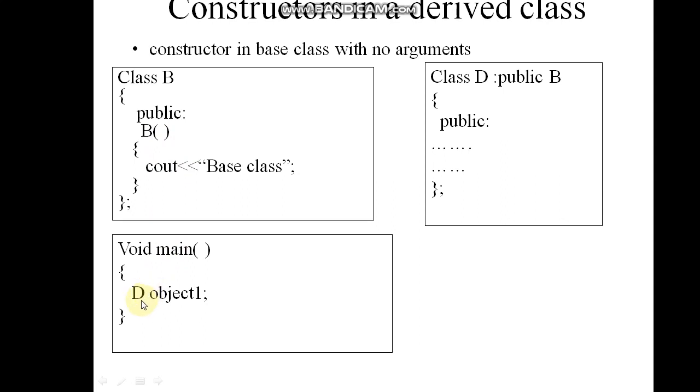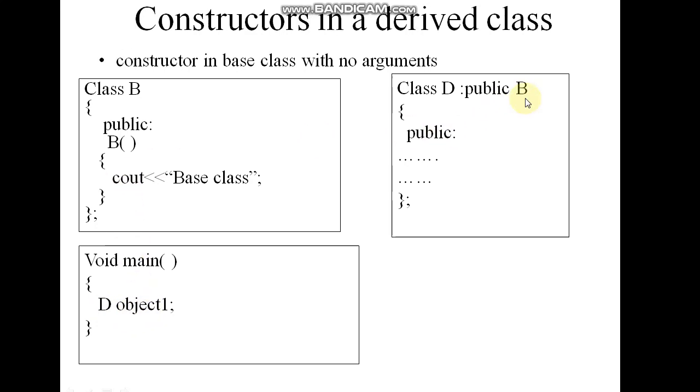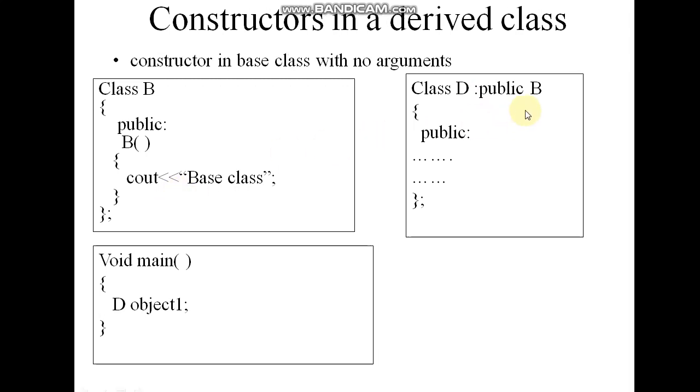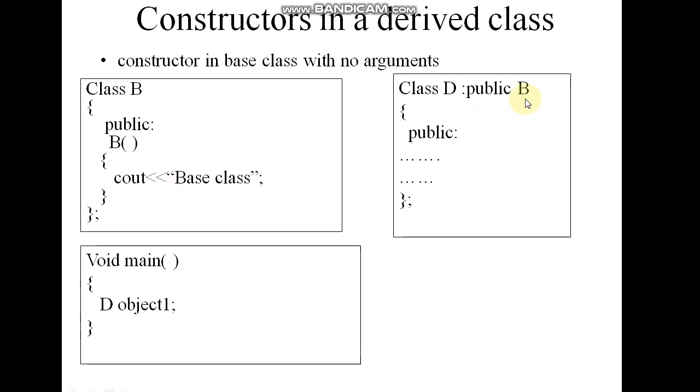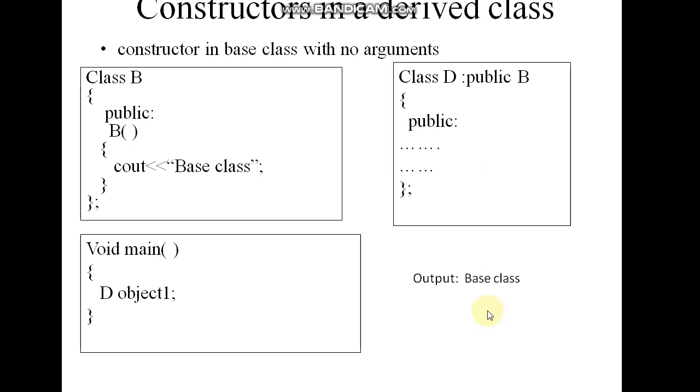When we will be creating an object of the derived class, constructor function in the base class is called first, then constructor from the derived class will be called. So there is a constructor in the base class which displays base class, and this will be the output.